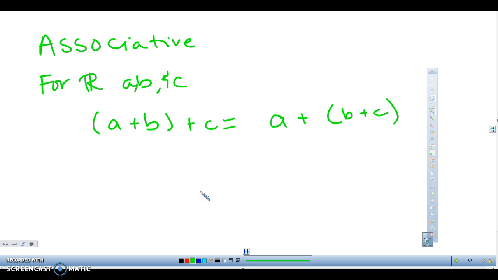I can essentially group whatever numbers I want together if it's easier for me to do those first or other ones later. I can also do it with multiplication. A times B times C is the same thing as A times B times C, grouped differently. Okay? Again, this only works with addition and multiplication. Go ahead and give me examples of both.